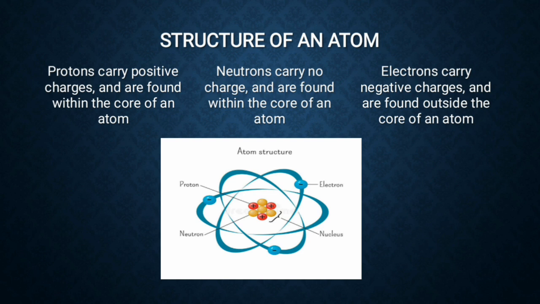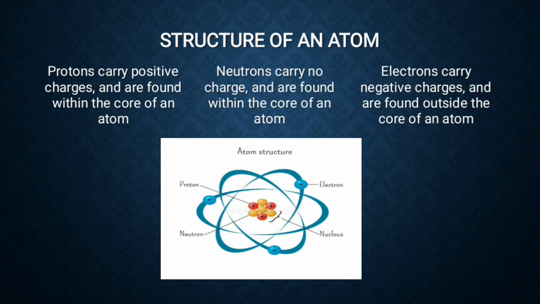Neutrons carry no charge and are also found within the core of an atom. The balls in yellow represent neutrons. They carry zero charge. There is nothing on them.